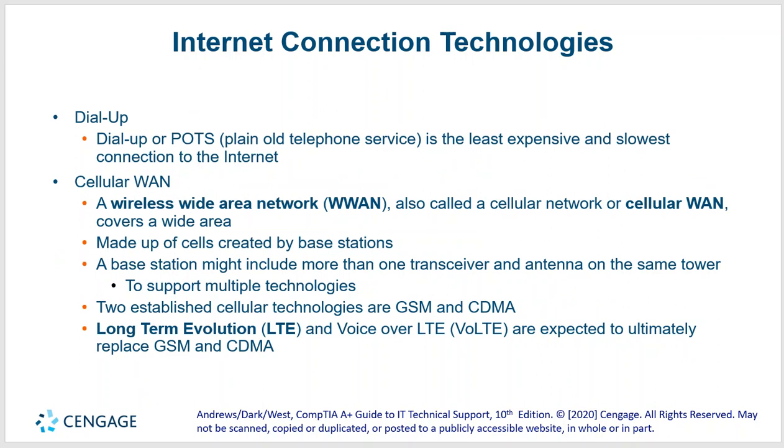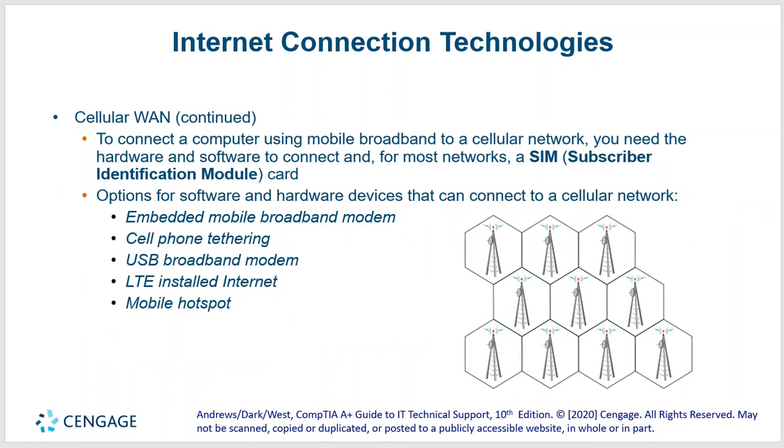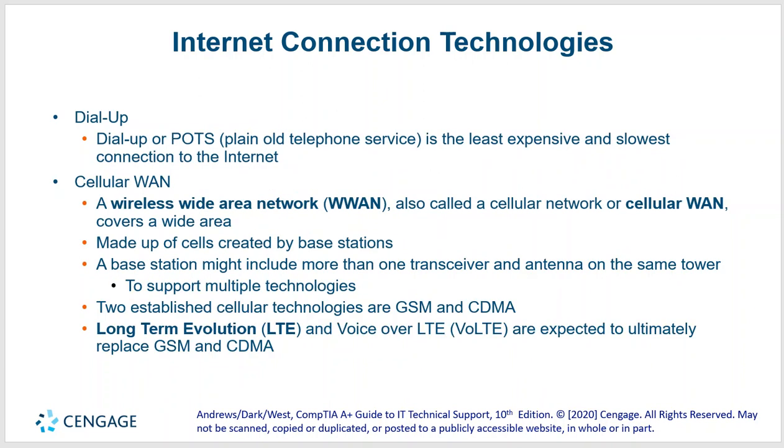Cellular WAN, so a cellular network is made up of cells created by base stations. So it would be your telephone towers. So there's a little picture there. Right.